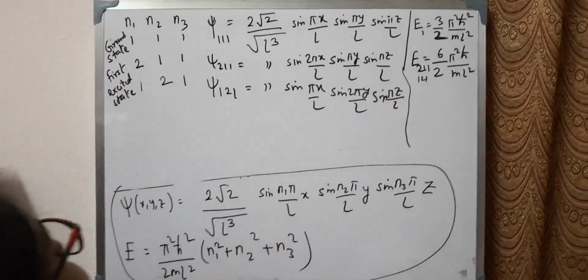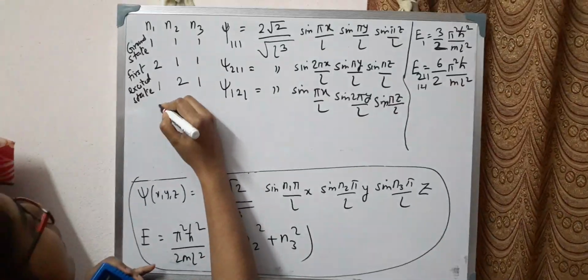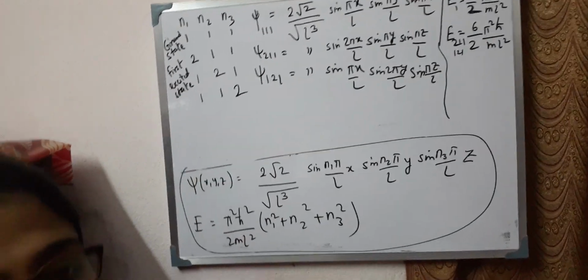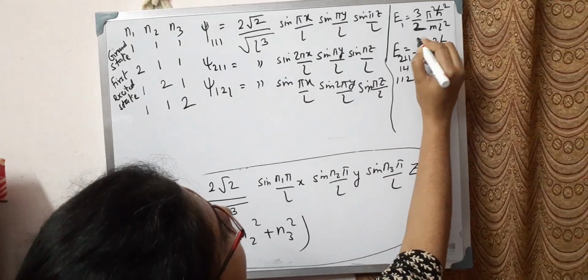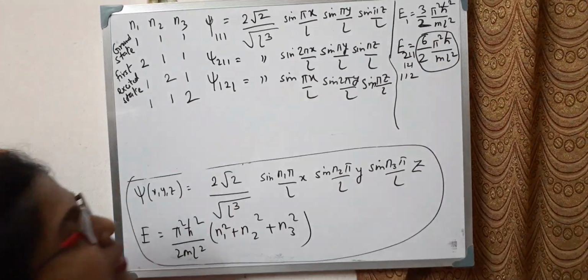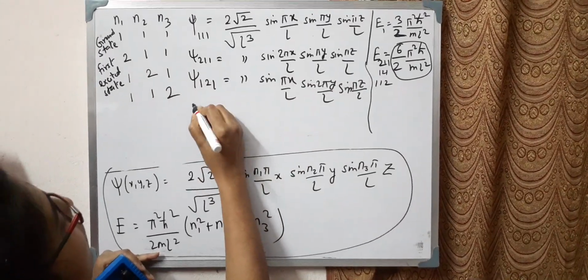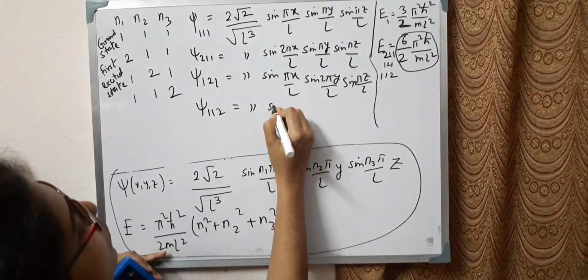Now similarly, I can get another combination. I think you can already guess that there can be a combination like 1, 1, 2, which will also give me the same energy value, 6 by 2 pi square h cut square by m L square. But the wave function for this also has a separate form.